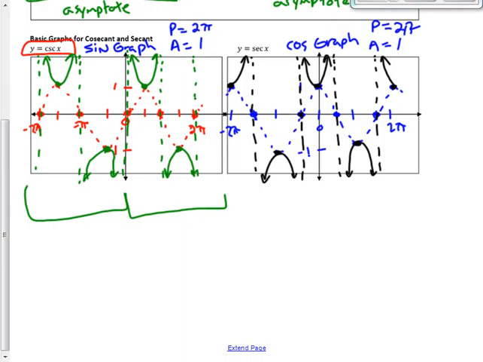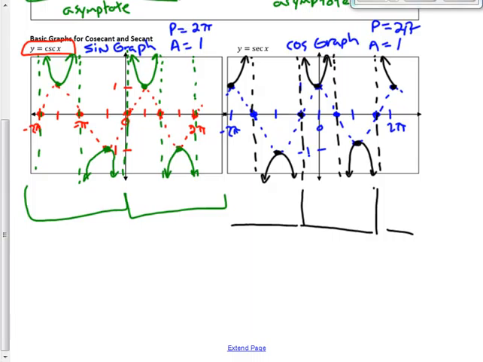I just cut them off towards the end here, but I have 2 full periods. I've got one right here, and I actually have one between the combination of this and this. And that makes another 1 period.